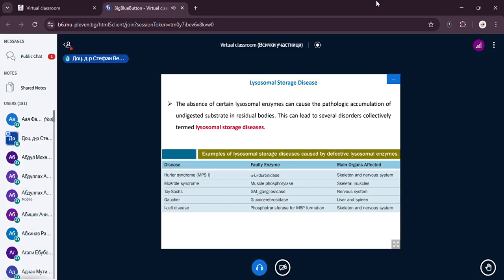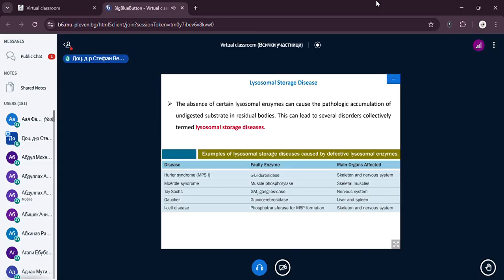autolysosomes, phagolysosomes, or crinolysosomes. Crinolysosomes can be seen in secretory cells when our body does not need the specific secretion of this cell.